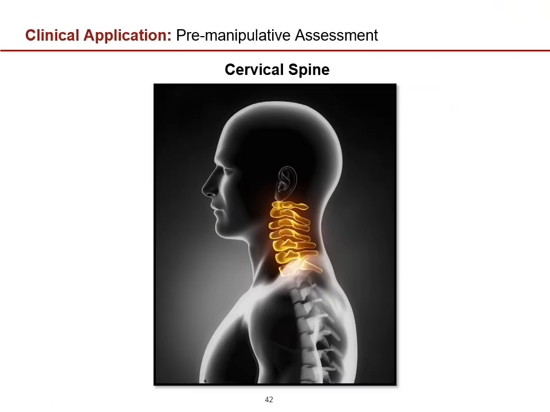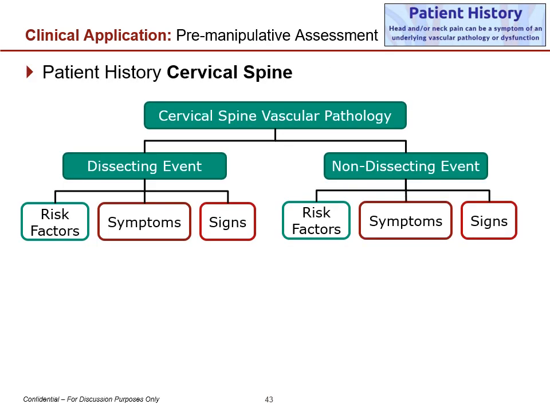Okay, so let's go through the cervical spine using the international framework. When we start with the patient history, one of the biggest concerns around the cervical spine is vascular pathology. And so you can have a dissecting event or non-dissecting event, and then you can have risk factors, symptoms, and signs associated with each.